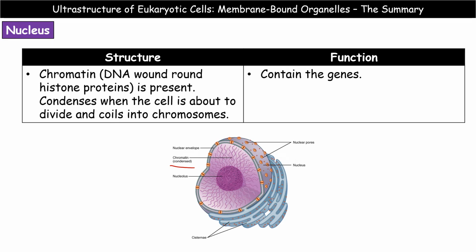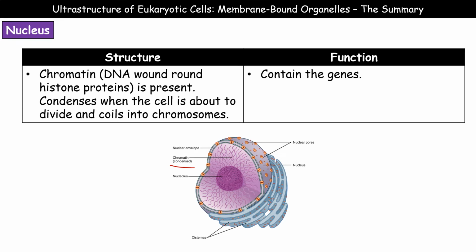Depending on which stage of the cell cycle our cell is at, that will determine whether the chromatin is all condensed and coiled up into chromosomes, or if it's not in the process of division, then it's all spread out, and the best way to describe it is like a tangled ball of string really.